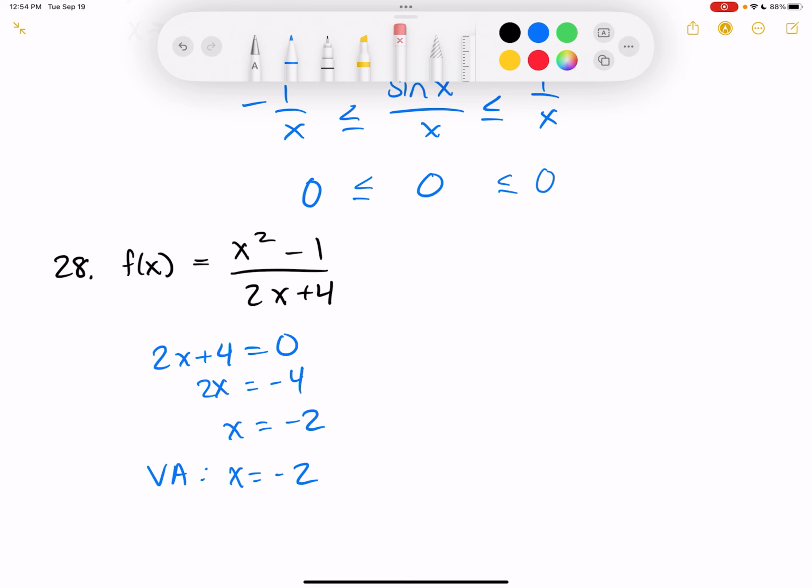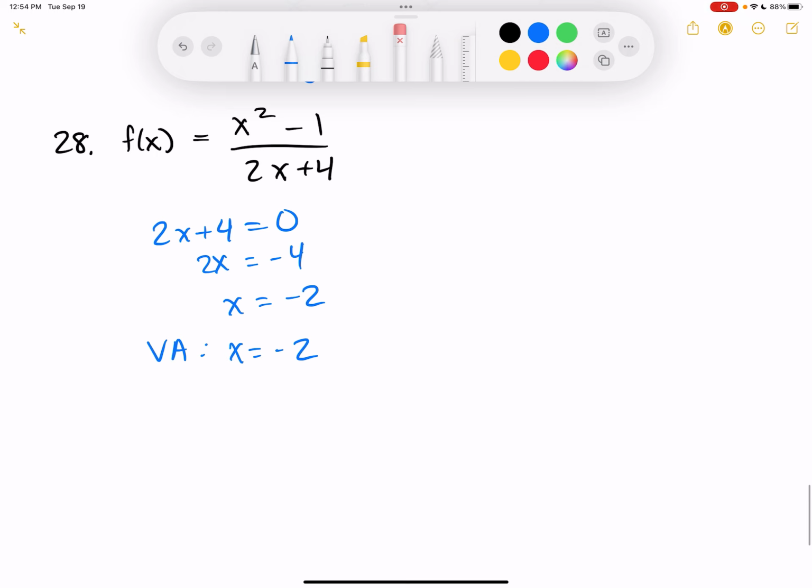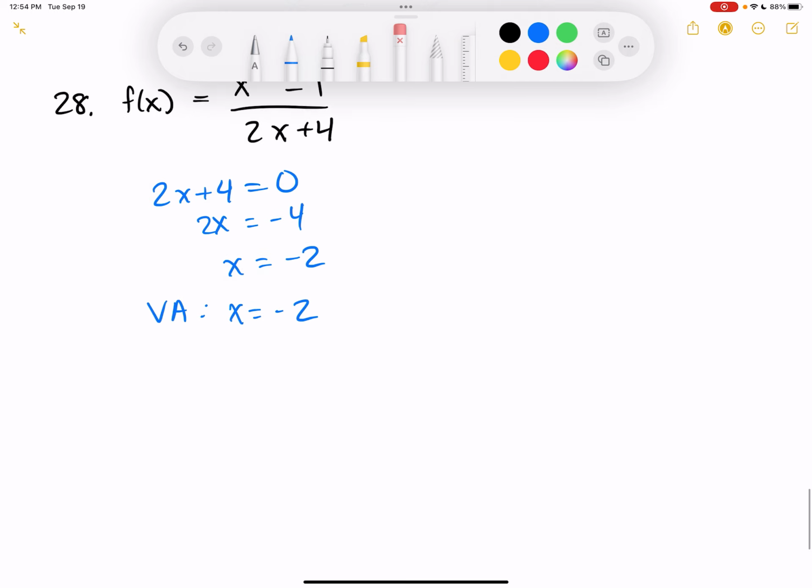Yeah, so essentially what we're looking at is the limit as x approaches negative 2 from the right and the limit as x approaches negative 2 from the left of f of x.